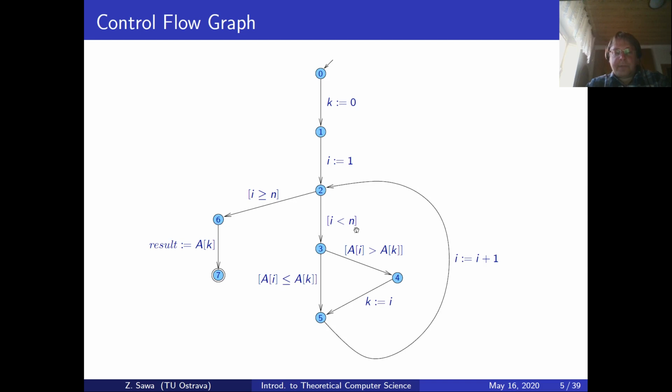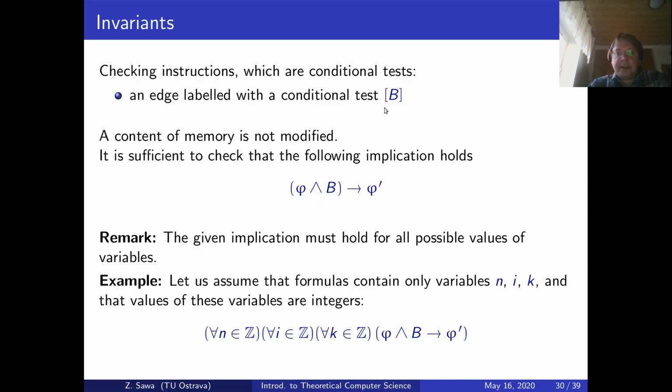In such a case, we assume that phi is true in state q, and we perform this test, so we can be sure that after performing this test the content of the memory satisfies this condition.